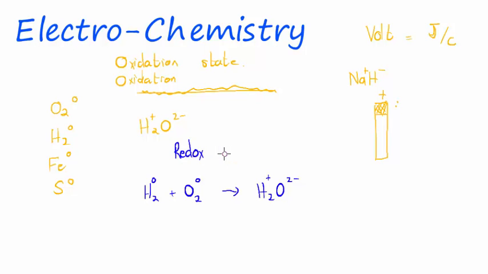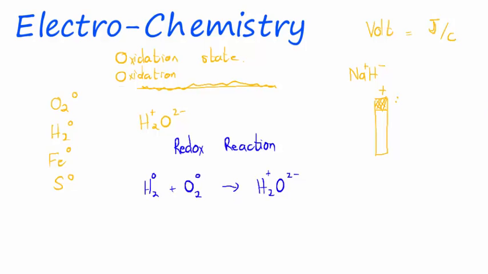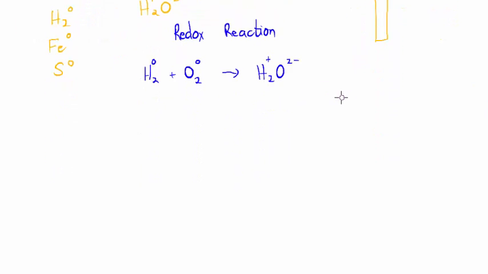So a redox reaction is a reaction where my oxidation state changes. And what happened here is that there was an exchange of electrons, causing a change in the oxidation state.